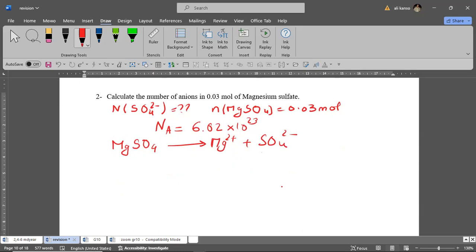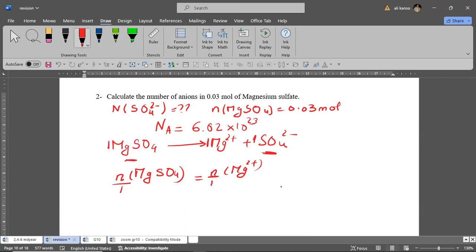These are the anions, and this is the given unit. The number of moles of MgSO4 divided by 1 is the same as the number of moles of Mg2 plus divided by 1, where the 1 is the coefficient.